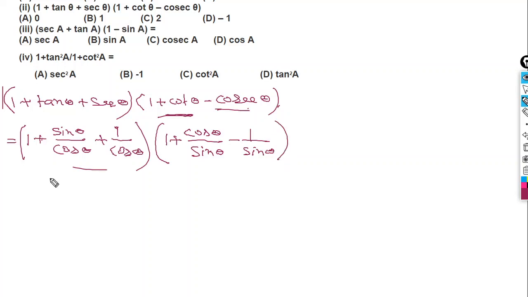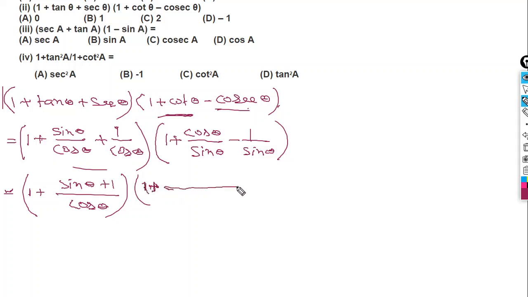Now we will add them. 1 plus cos theta by sin theta... here it will be sin theta plus 1 over cos theta, then here it will be 1 plus, LCM is sin theta, cos theta minus 1.